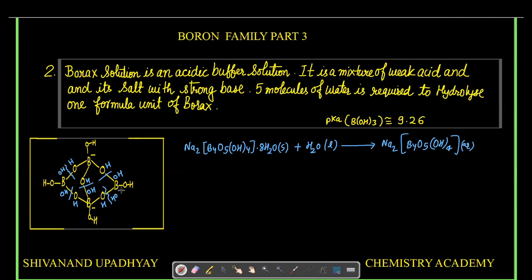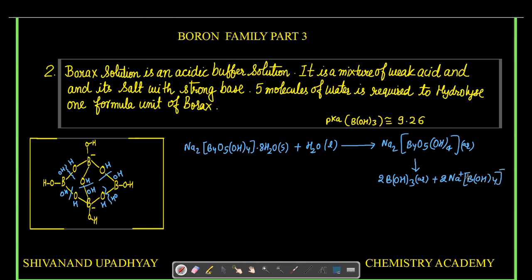Those boron atoms which do not carry any charge are the triangular units, so they are converted into boric acid, and the other sp3 hybridized boron atoms are converted into the B(OH)4 minus tetrahedral unit. So when we write this, it means there are 2 molecules of boric acid in aqueous state. So borax solution means 2 molecules of boric acid plus 2 molecules of salt of boric acid with a strong base, that we can write as NaB(OH)4, so Na plus and B(OH)4 minus.